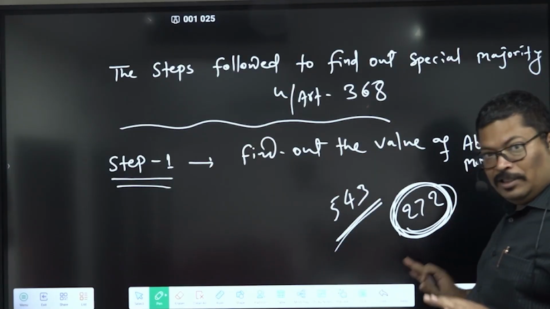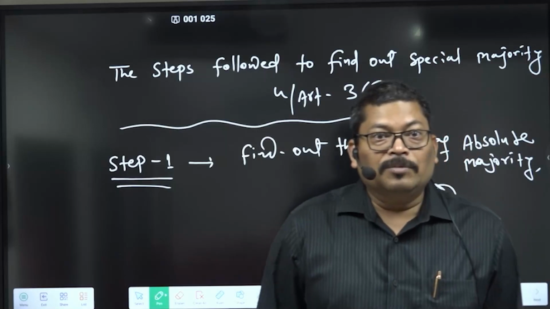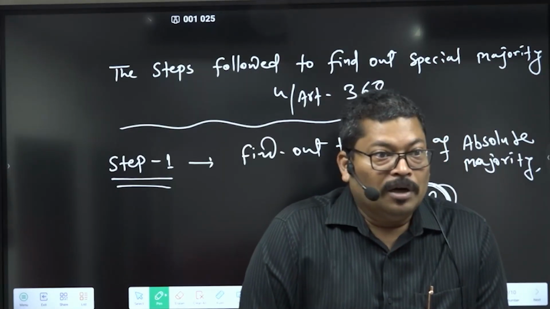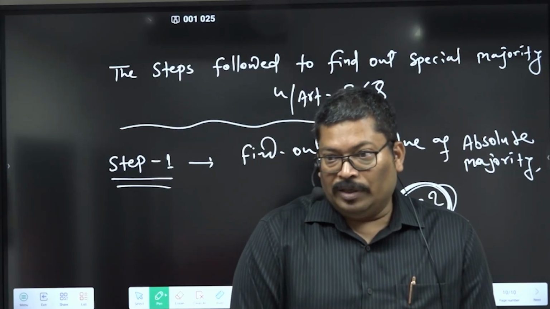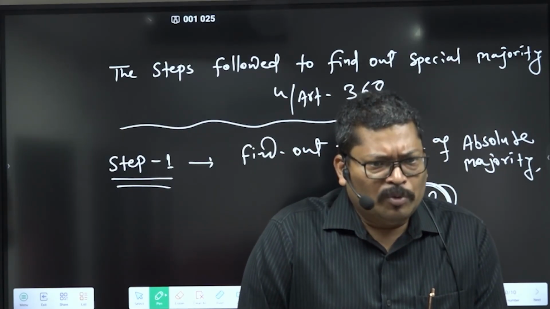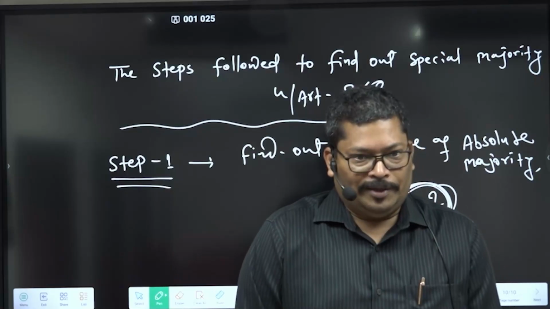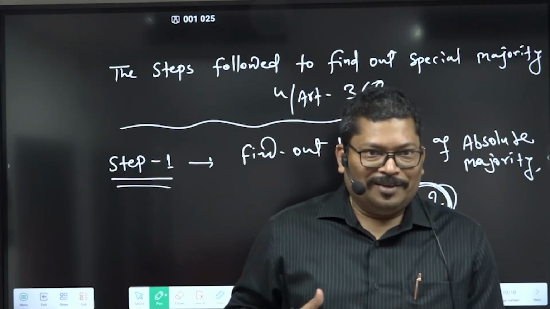In absence of absolute majority, the parliament becomes a hung parliament, or the state assembly becomes a hung assembly, which means unstable government. So, in order to provide stability to government, it is required to fetch the figure of absolute majority.